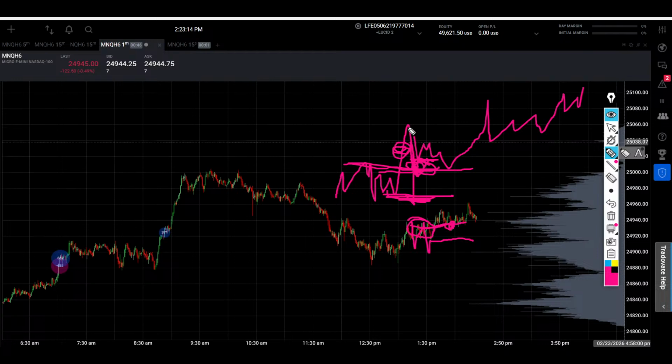If your psychology doesn't allow you to do that, if you feel better, you can take partials here and then the rest of it another, like many do. I like to have my risk reward reached, or if I can move to break even, and it comes back to get me out, it's fine.